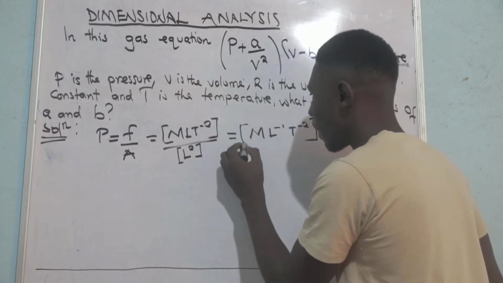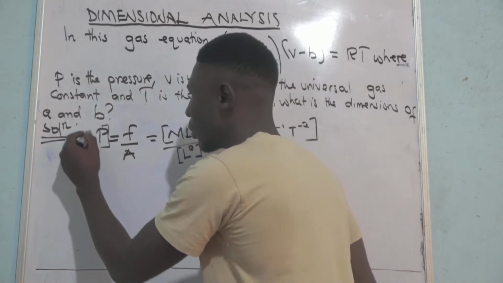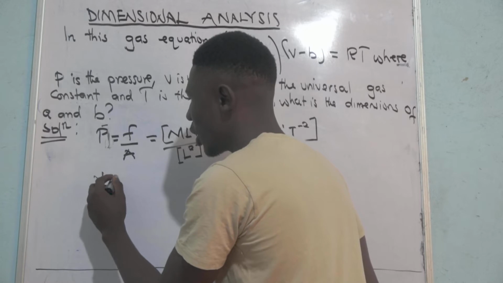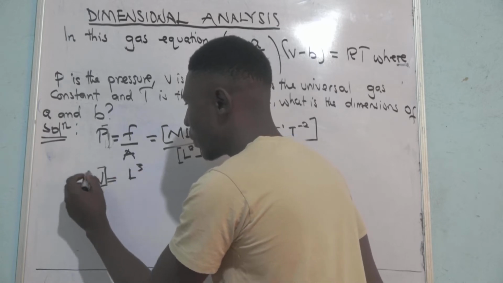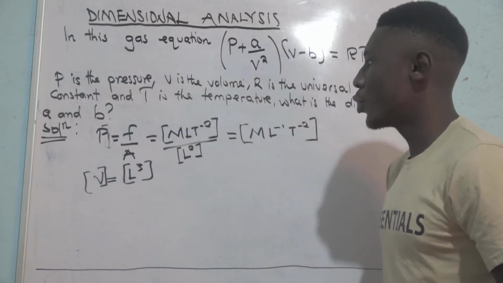Then coming to volume, we know that volume is equal to L cubed, so this is the dimension for volume.